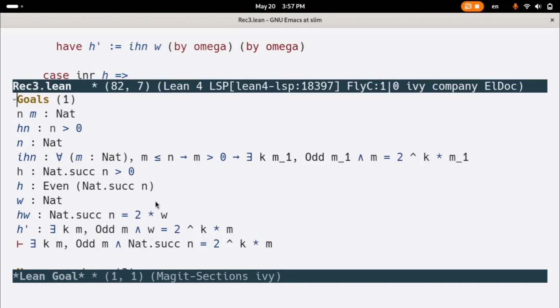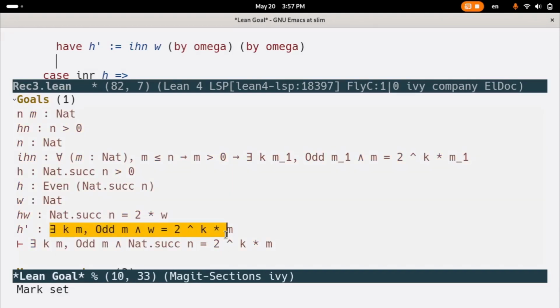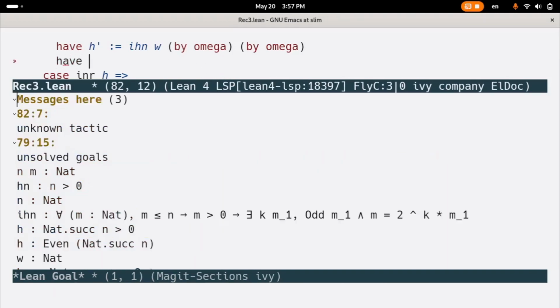Now H prime is the inductive hypothesis applied to W. Observe that we have to extract this K and M from H prime.